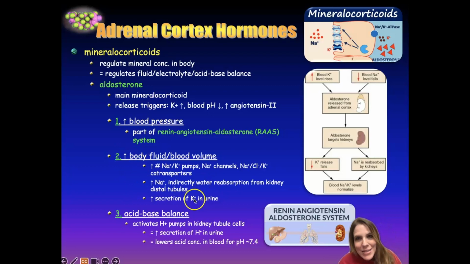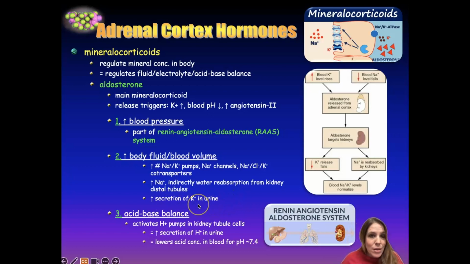Potassium is going to move back into the kidneys, and therefore it will be secreted into the urine. So overall, aldosterone is increasing sodium into the tissues, indirectly increasing water into the tissues through reabsorption from the kidneys, and therefore increasing the secretion of potassium ions into the urine.